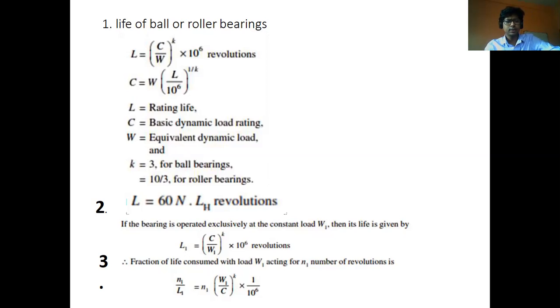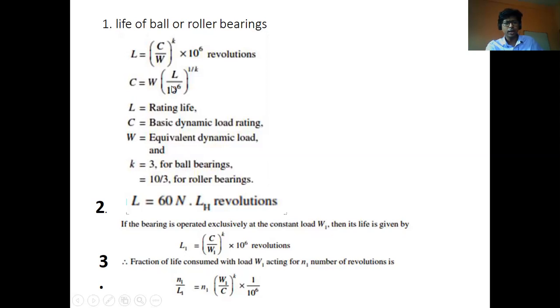And L is 60 N, where N is the number of revolutions. Here we can consider the revolutions in hours also. So the fraction of life consumed with load W1 acting for n1 number of revolutions, then this relation we will use.